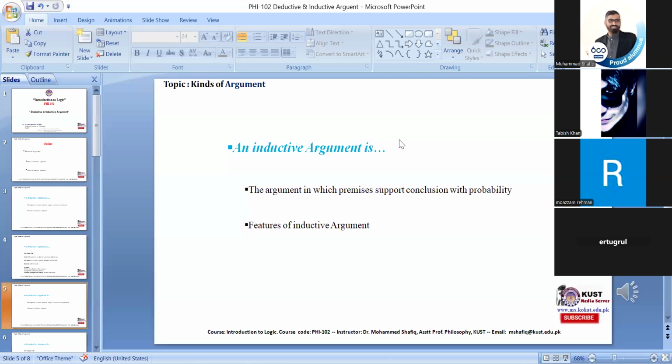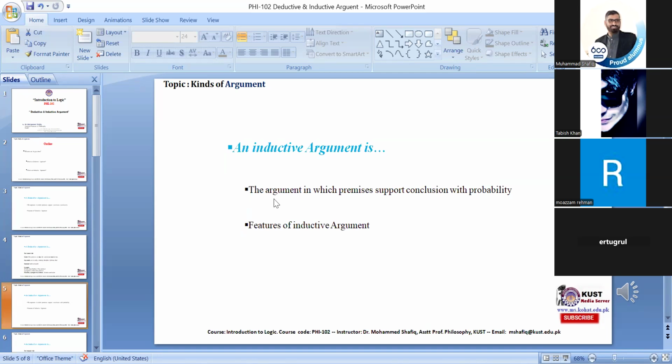Now, if we add more examples of students, like Mr. A, B, C, D, E, F, G, H, I, J, and so on, it will make the conclusion more probable, but the conclusion can never be 100% true because it's not possible for us to observe all of the students in this universe and then say that they are intelligent.